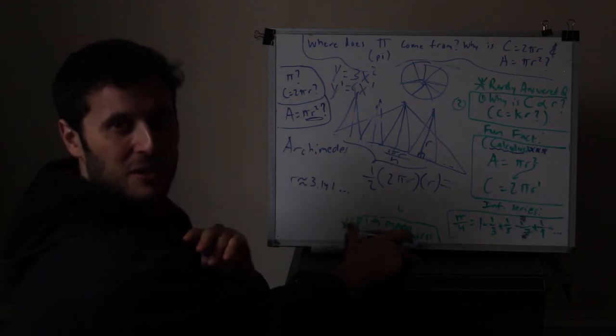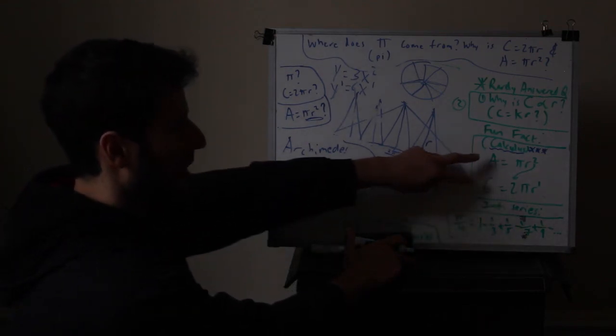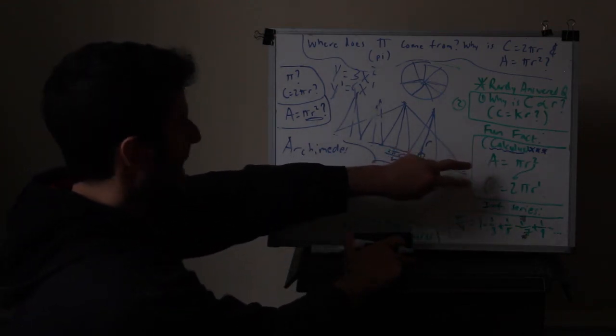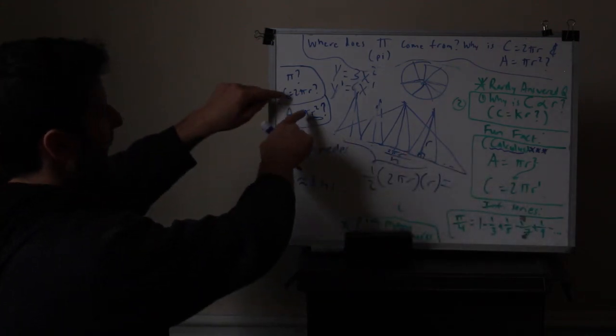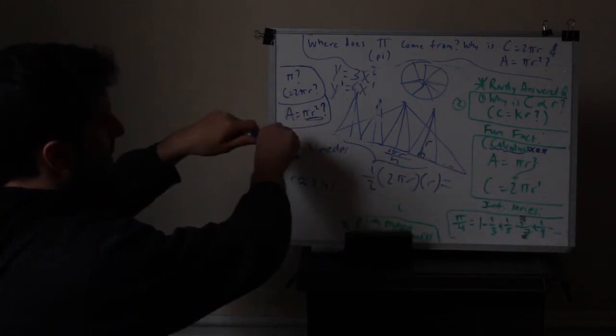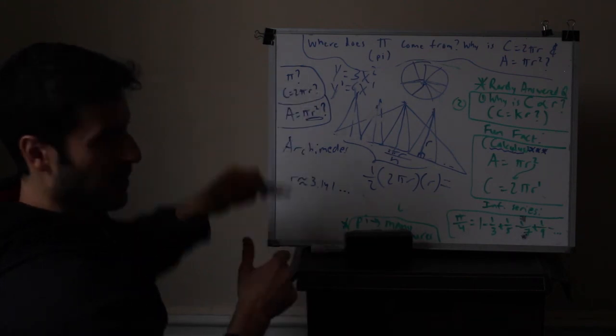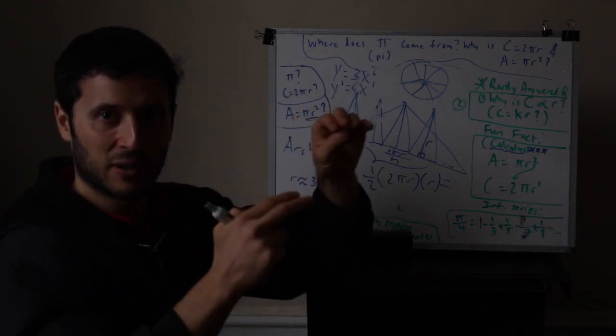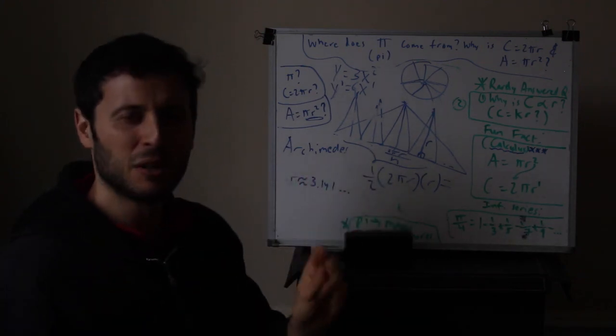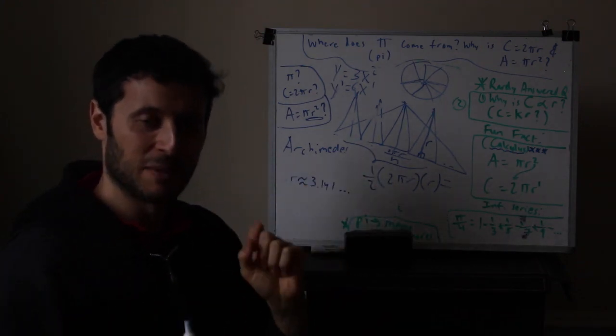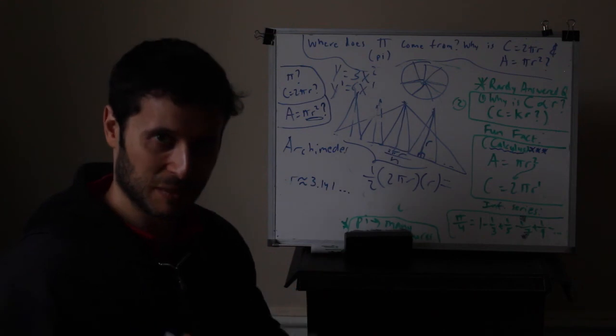When you learn calculus, you'll find yet another way of relating the area and the circumference, and it's not a coincidence that they have these numbers. This 2 has to do with that 2, and that 1 used to be a 2, which just dropped down in the power because we're going from area to circumference. If that made no sense, don't worry about it. I'm just trying to make you a little curious about it.